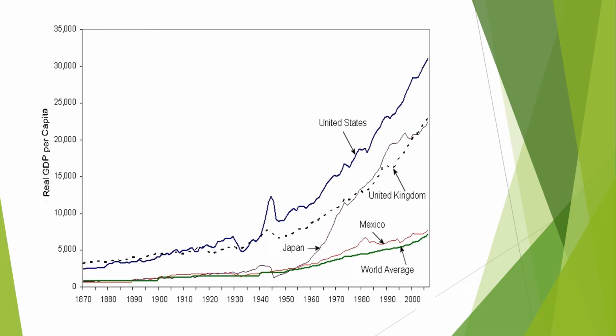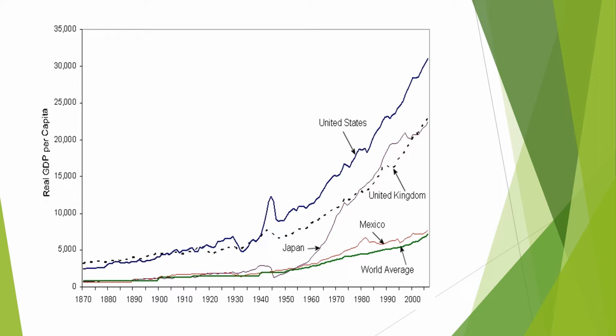Okay, so let's take a look at this chart. First of all, let's look at the green line down there, which says the world average. You can see that this chart starts from 1870 to now.